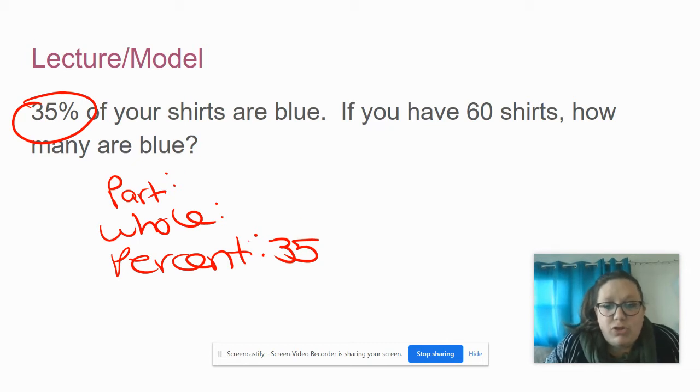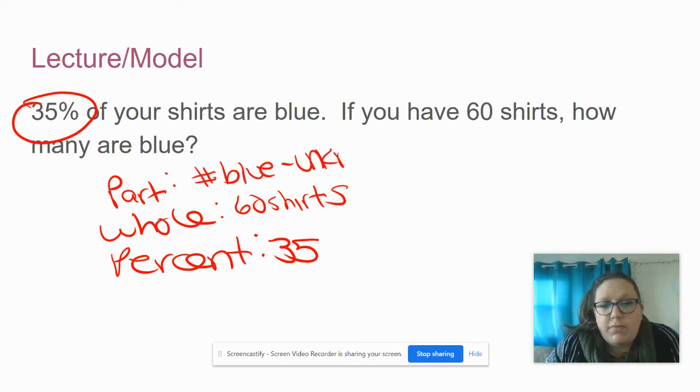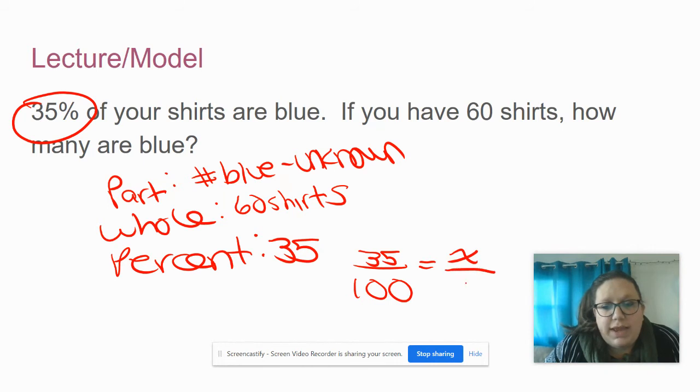So that 60 shirts is going to be our total. And the part is going to be the number of blue, which is unknown right now, but it's not going to be unknown forever. So percent over 100 is part over whole. Since our part is unknown, we're leaving it x over 60.